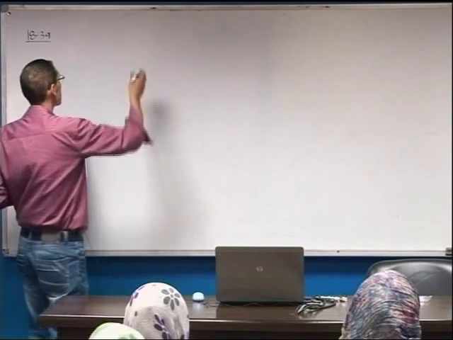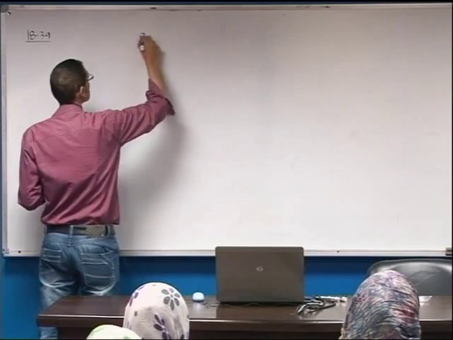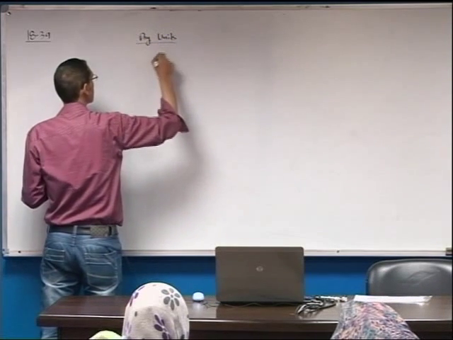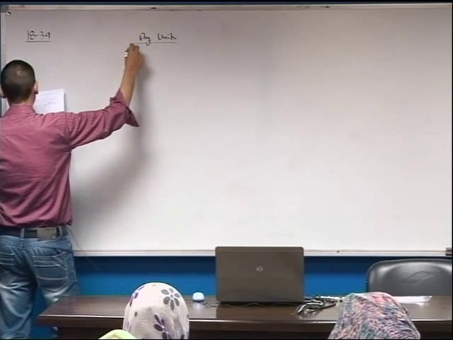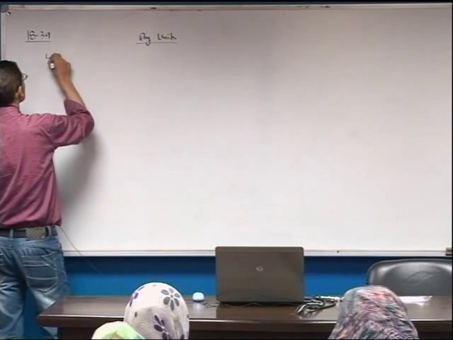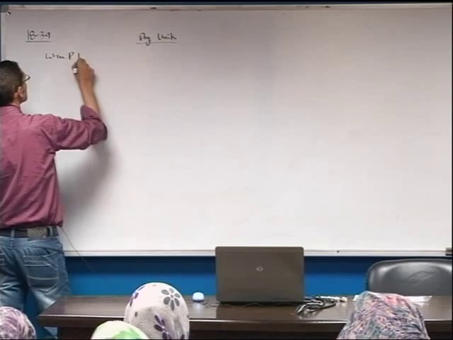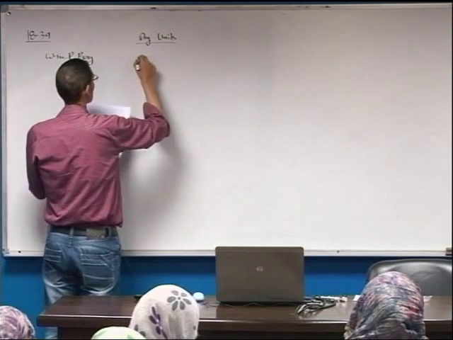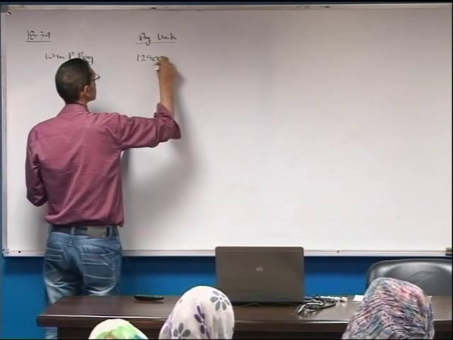Therefore, let us start with step number 1. These are the physical units. We have the work in process beginning, 12,500.